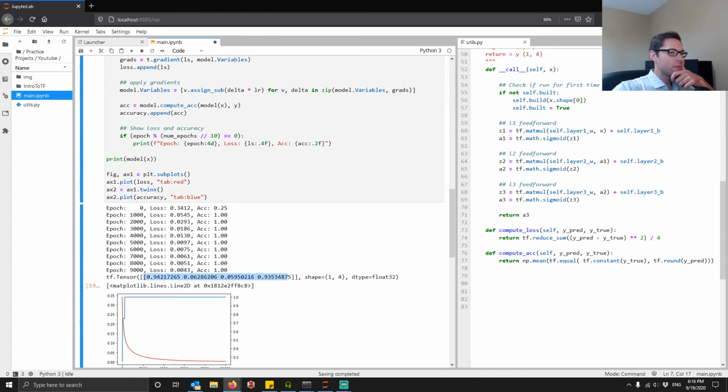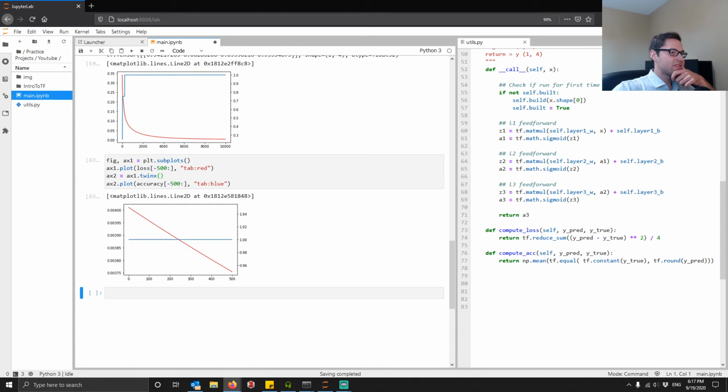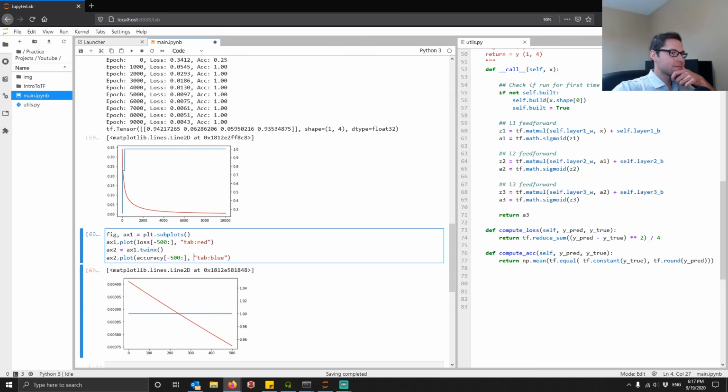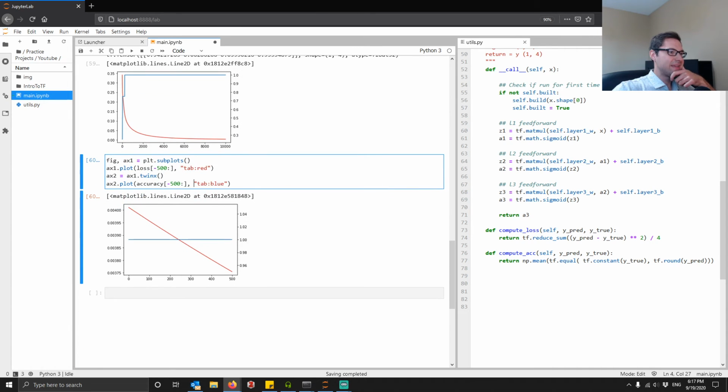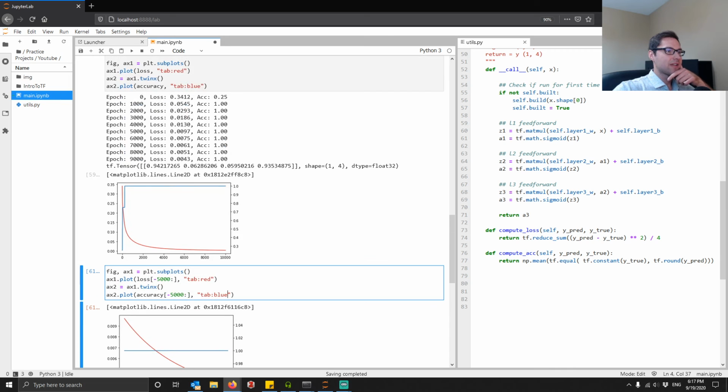Okay, and it seems like we're sort of becoming saturated, and it's not helping too much. Look at the last 500. And again, it seems it's learning, but we're getting fooled by the y-axis because it looks like we're learning, but not too much. Loss is practically 0.